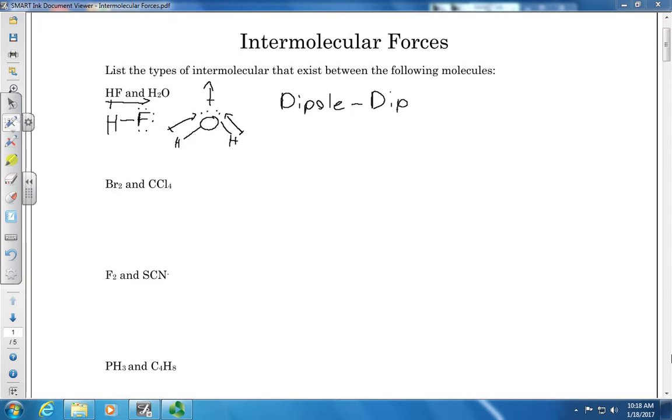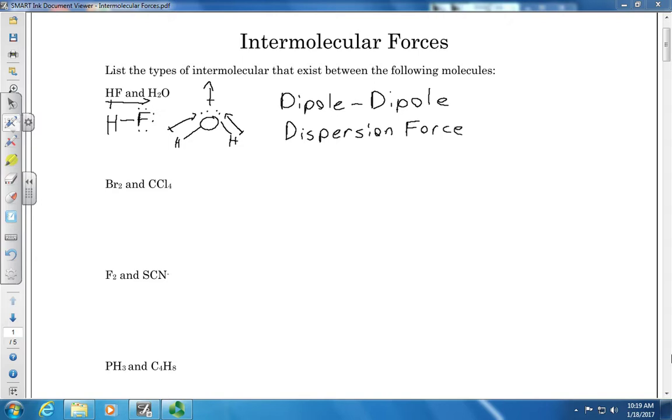which is a specific type of intermolecular force. Every single molecule, as they relate to one another, the intermolecular force will generally have dispersion forces, regardless of whether they're polar or non-polar.